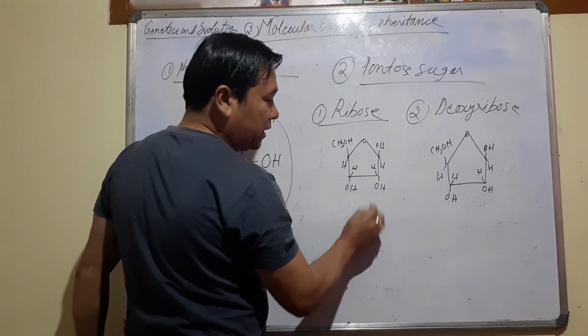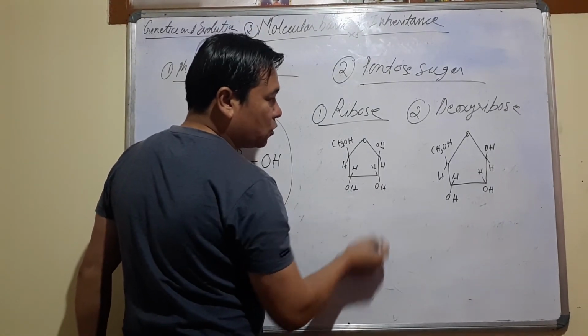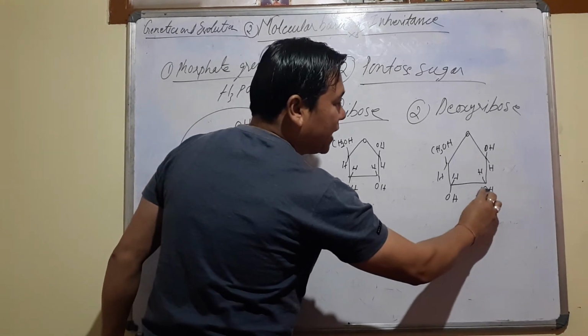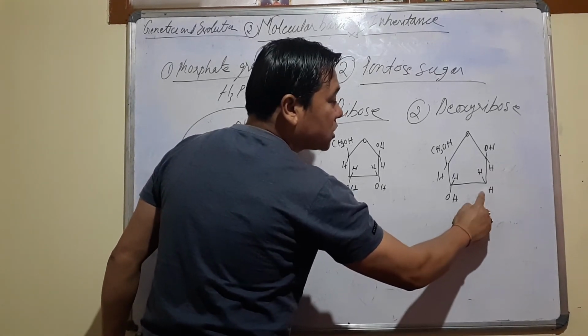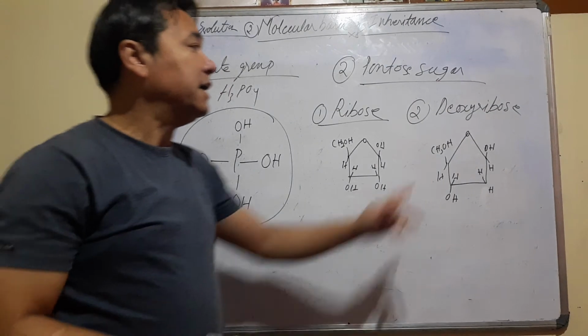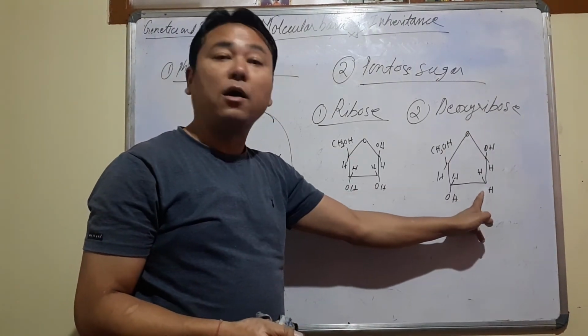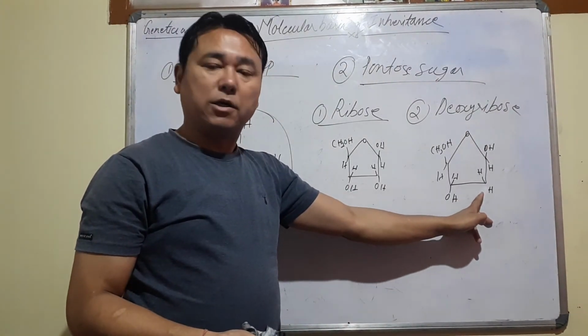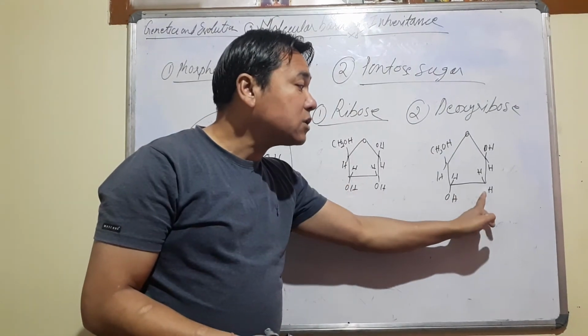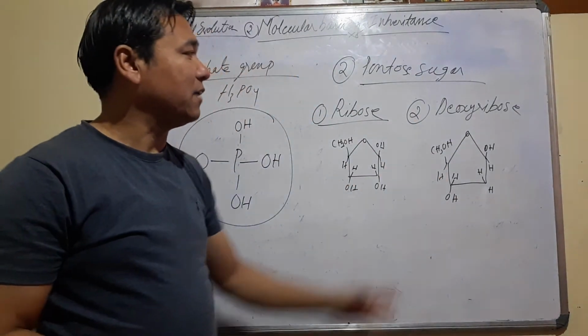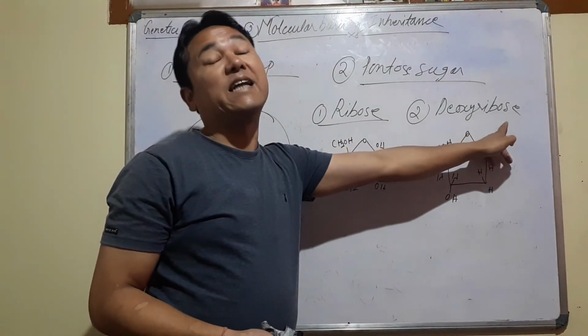Okay, now what is the differences between ribose sugar and deoxyribose sugar? Difference is that here you will get 2 hydroxyl group, but here 1 hydroxyl group is absent. Oxygen remove भएको कारणले गर्दाखेरि deoxy किन भनेको removal of 1 oxygen from this corner. Is that clear? So that means एउटा oxygen चाहिँ यहाँबाट remove भएको कारणले यसलाई हामी deoxyribose sugar भनेर भन्छौँ.